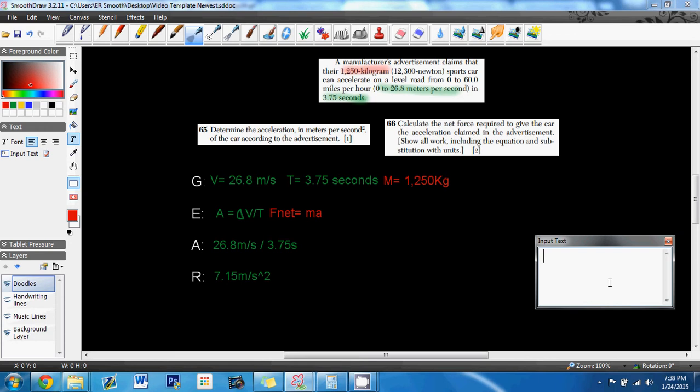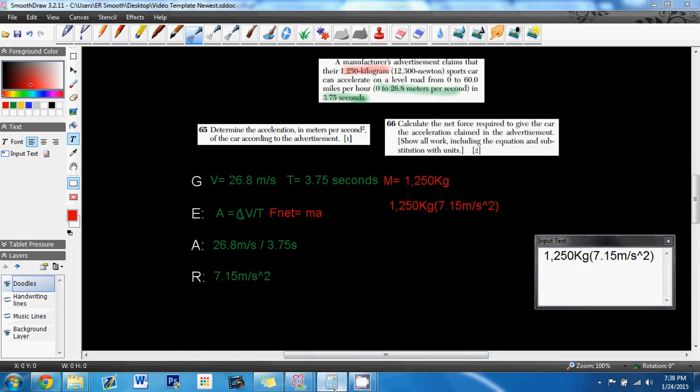Now let's plug it in. The mass is 1,250 times 7.15, which is the acceleration, in meters per second squared. Don't forget the units, kg.